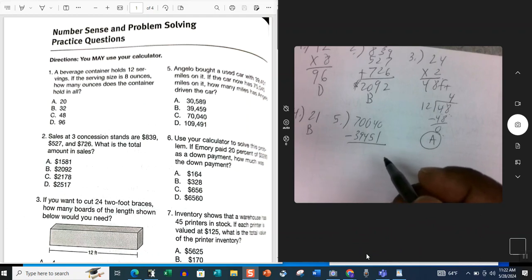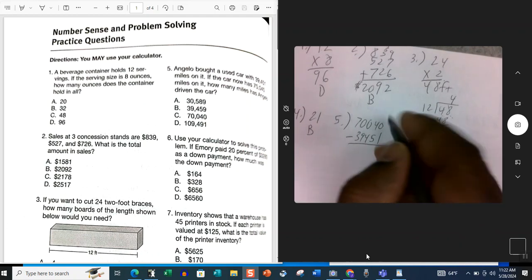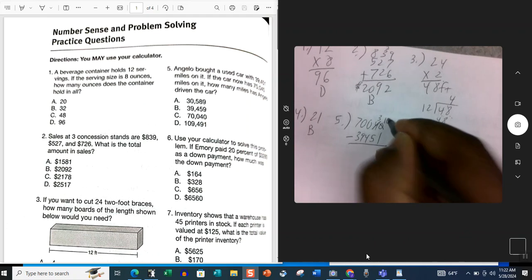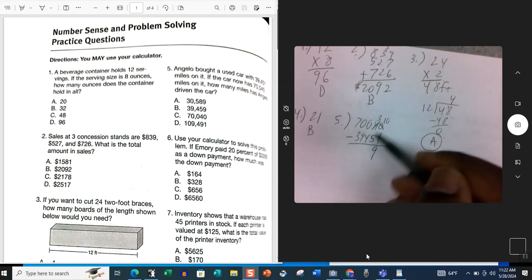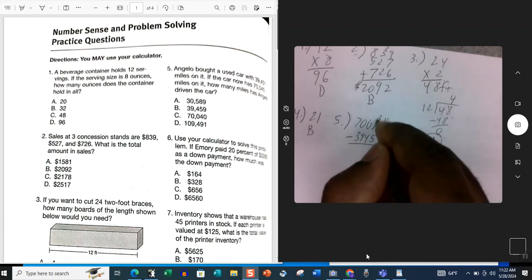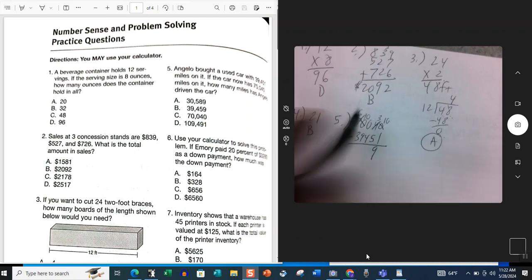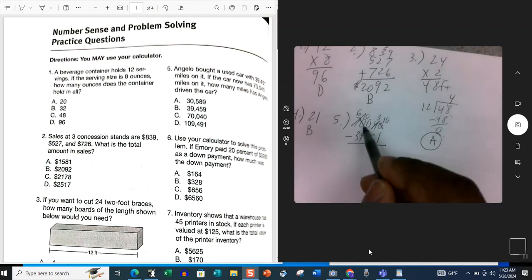Now we do our subtraction. First of all, we cannot subtract 1 from 0, so we'll borrow 1 from this 4. That'll make it 3, and the 0 becomes 10. 10 minus 1 is 9. We cannot subtract 5 from 3, so we have to borrow from this 7. This 0 will become 10.